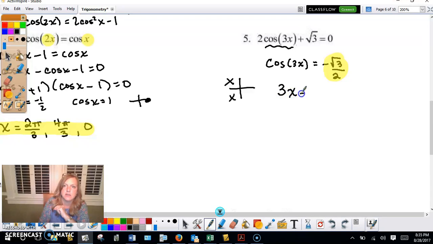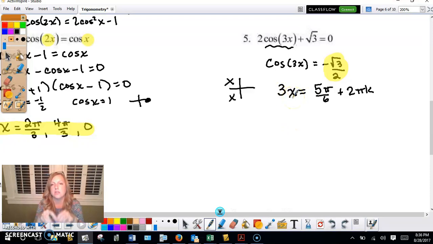So 3x equals, notice I just bring the angle down. The angle is going to be pi minus pi over 6, 5 pi over 6. Now when you're doing this problem, put your plus 2 pi k. You have to start with your all solutions and then get your answers between 0 and 2 pi, because this is going to be a transformation.